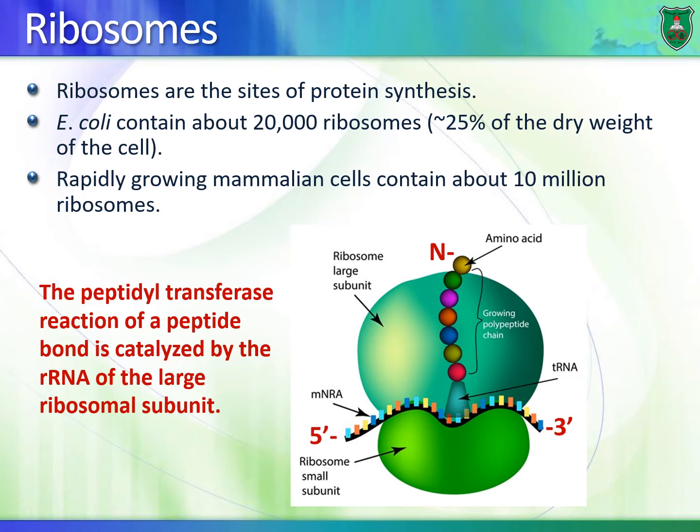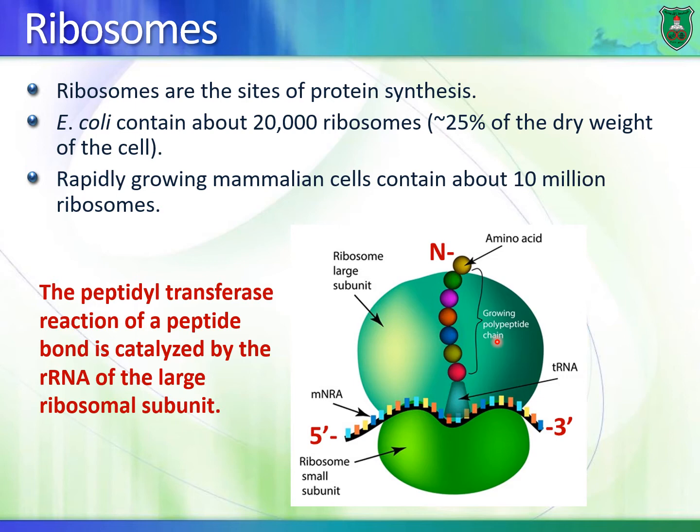Now, sometimes in human cells or mammalian cells, you can have millions of ribosomes within these cells. What's really significant is that there is a peptidyl transferase activity within the large ribosomal subunit. So it's the large ribosomal subunit that forms the peptide bond between two amino acids.